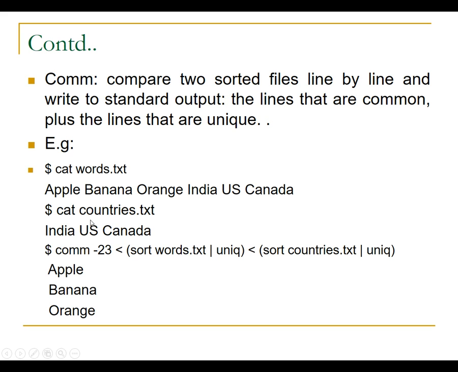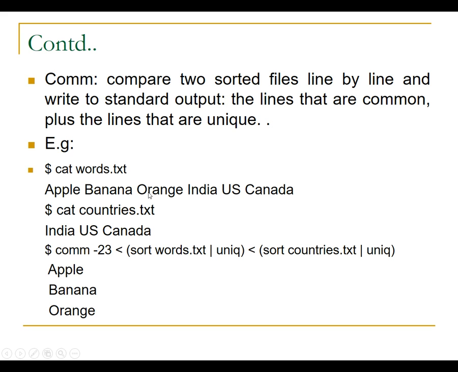I have created two files. One is words.txt, in which I have stored content where three are names of fruits and three are names of countries. Then in another file called countries.txt I have stored only the names of countries. Then I am writing comm -23 for the characters less than sort words.txt.